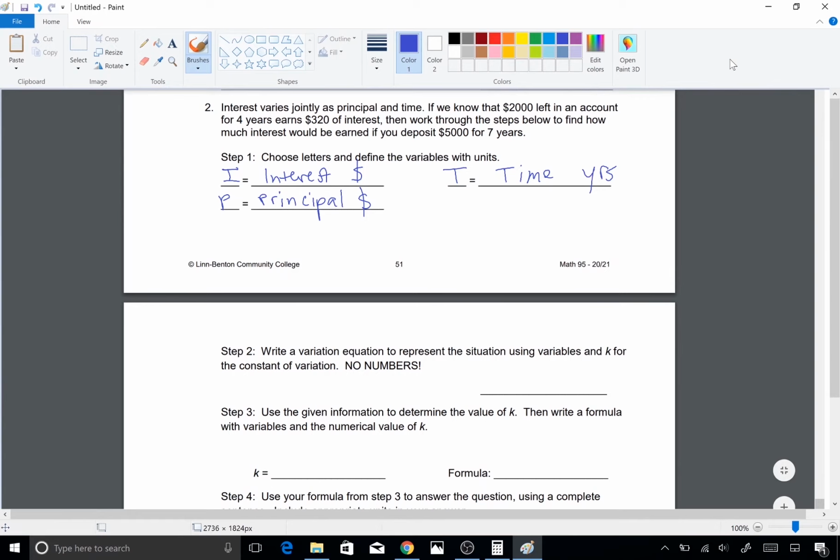Set up the equation. Okay, interest varies jointly as time and principal means that it varies directly with both of them. So the equation is going to be I equals K times PT.